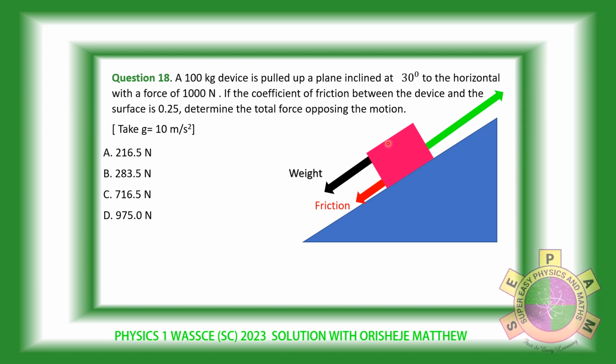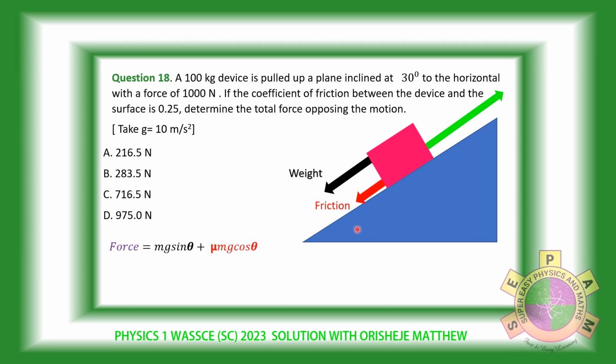So if we resolve that, we have the component of the weight is the weight of the object multiplied by the sine of the angle of inclination, while the frictional force is the coefficient of friction multiplied by the weight of the object, then multiplied by the cos of the angle of inclination.